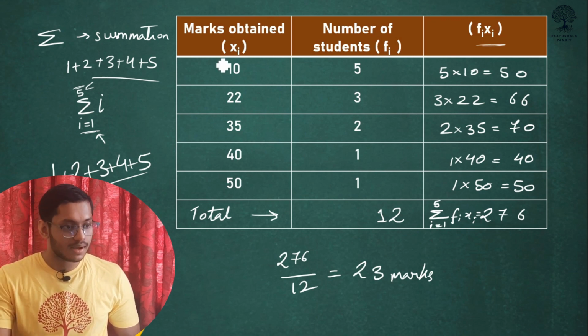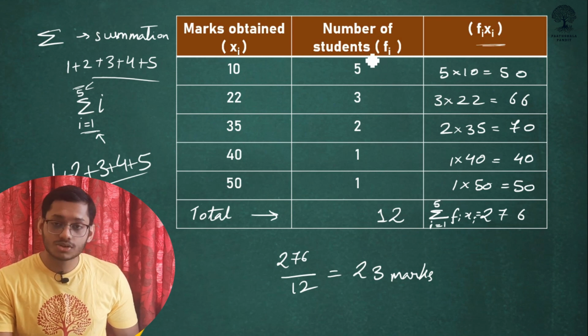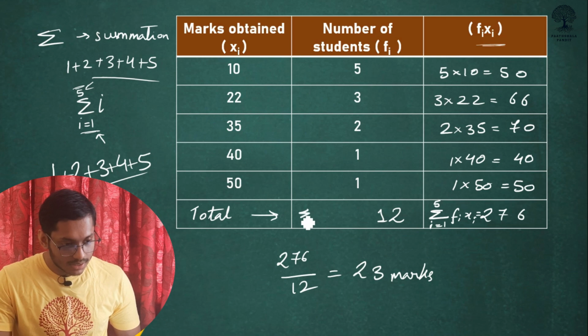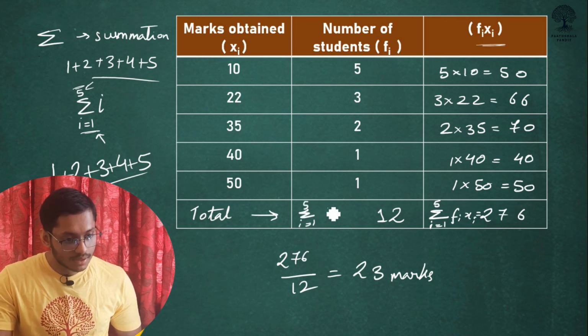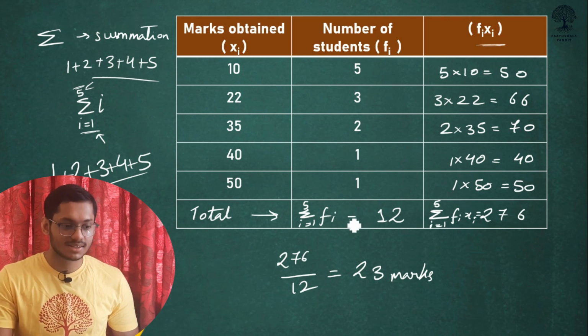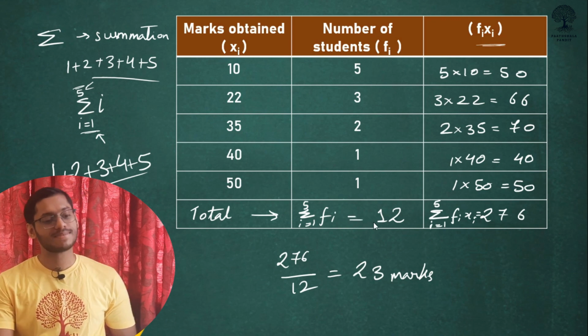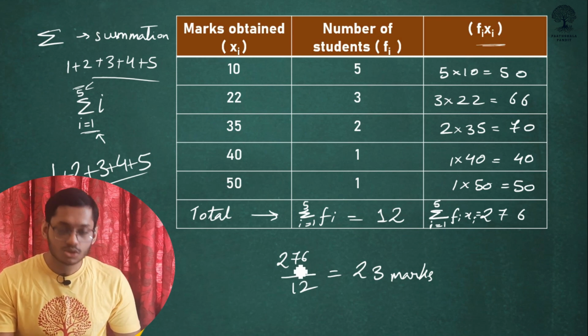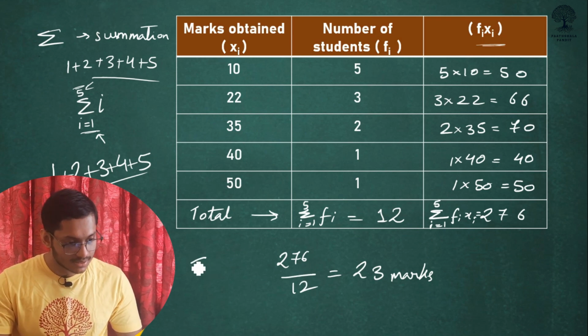Now, number of students, this is Fi. So what we will have to do? Summation of I equal to 1 till 5 Fi. So it is 12. So what exactly are we representing here? What is 276? It is this summation.